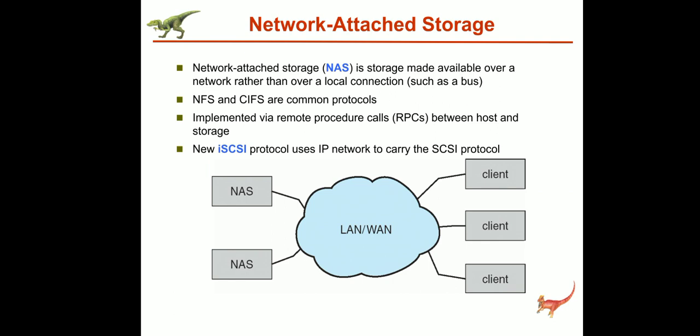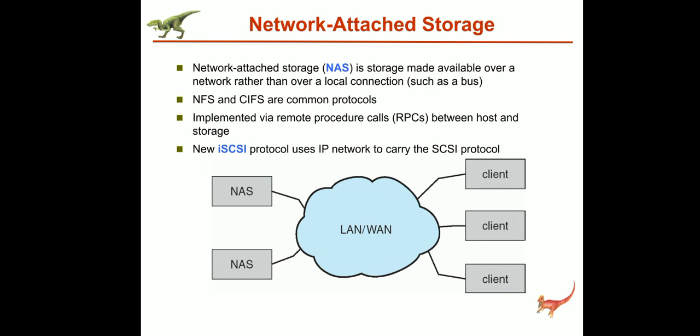So this accessing happens through data network. So in case of NAS, network is very important. Whereas in case of host attached storage, data network was not used. But in case of NAS, data network plays a very important role.